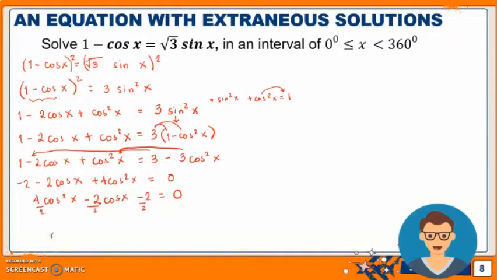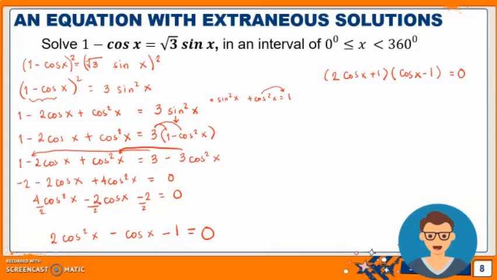So that would become 2 cosine squared x minus cosine x minus 1 is equal to 0. And then we could factor this into 2 cosine x plus 1 times cosine x minus 1 is equal to 0.